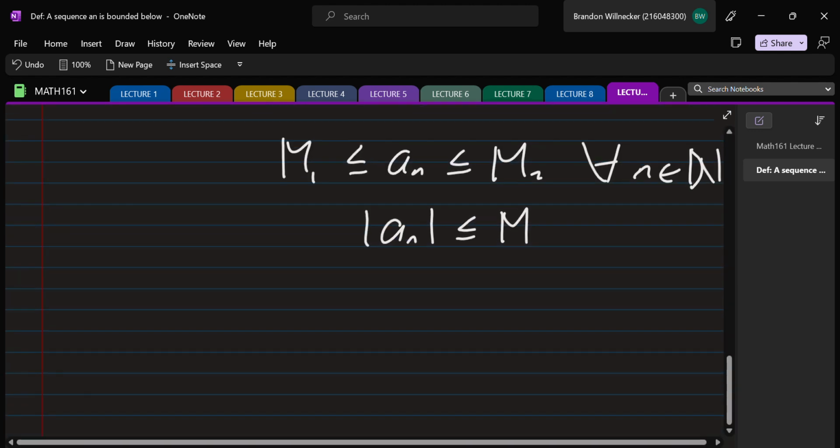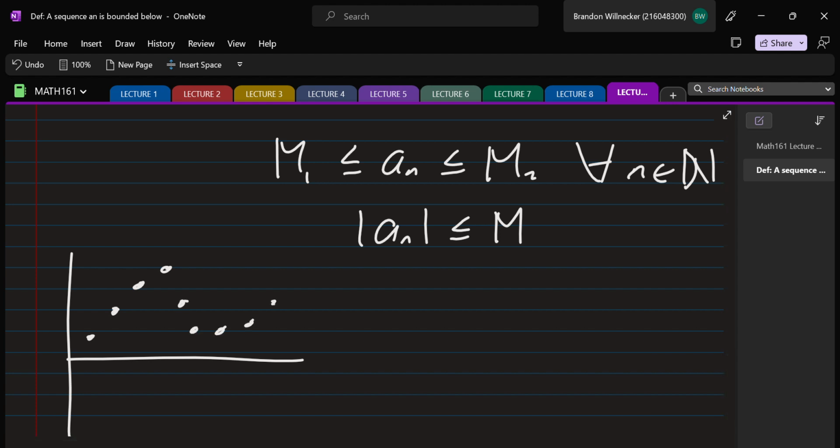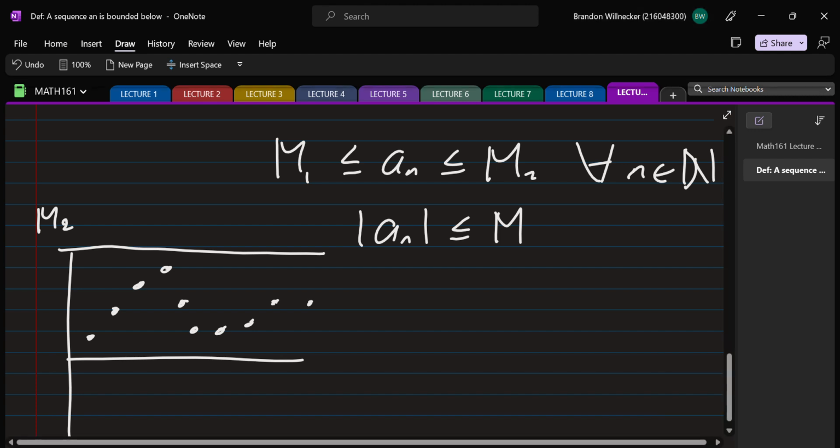Okay, so just a little picture on what I mean by that. So let's say we've got a sequence, it's bounded above and below. So maybe it looks something like this. So here it's bounded above by M2, and here, let's put a different color. So it can be anywhere below, it doesn't have to be right below the sequence.